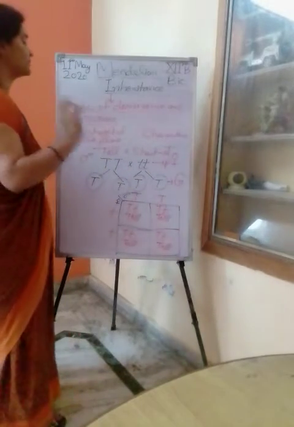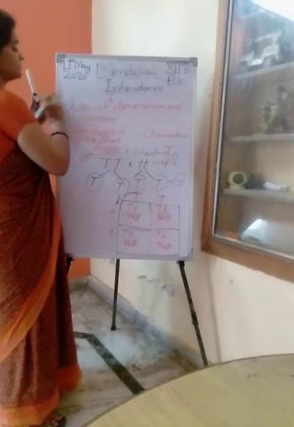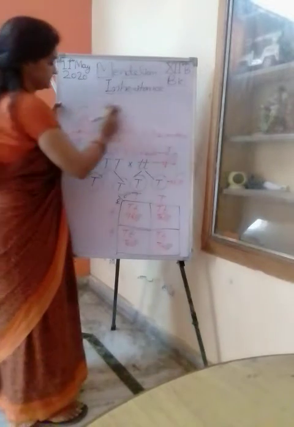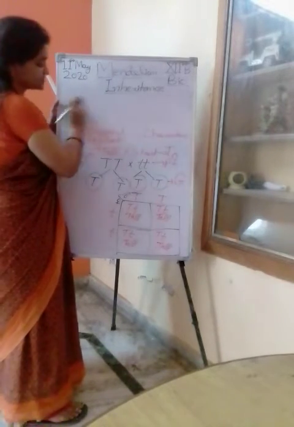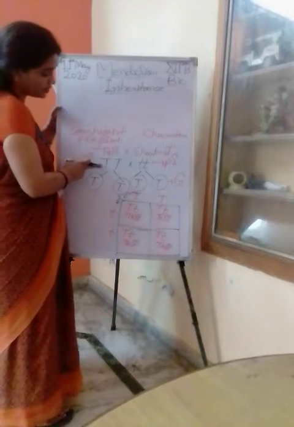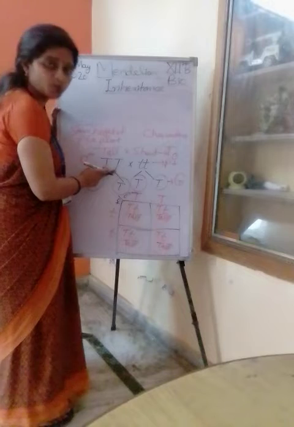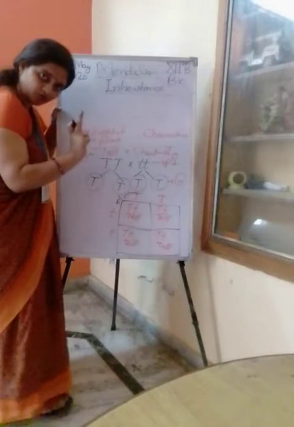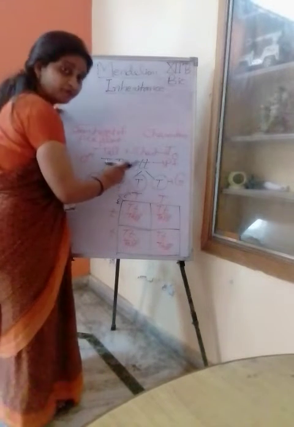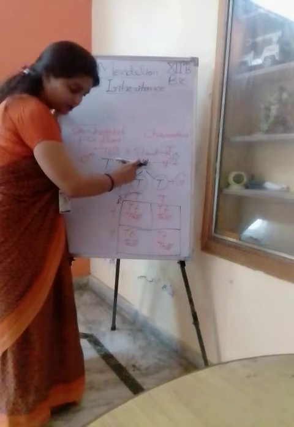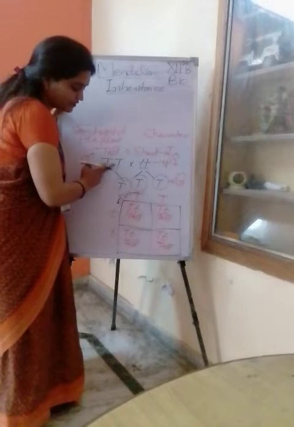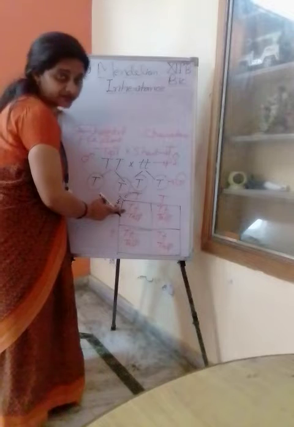Very important genetic terms are homozygous and heterozygous. Look at the blackboard: the same alleles are called homozygous. In the first law, the parents are homozygous, crossed with homozygous. Now what will we get? You will get a heterozygous.